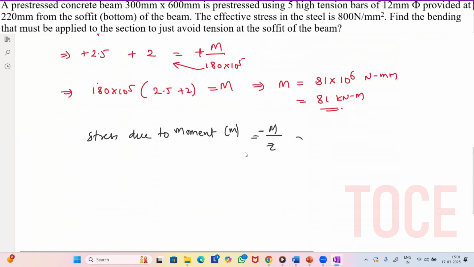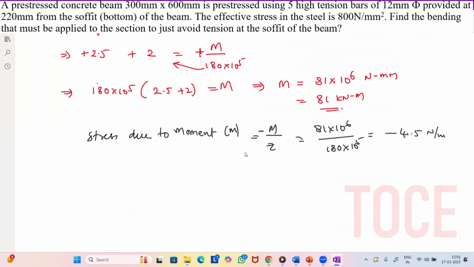So it is 81 into 10 to the power of 6 divided by 180 into 10 to the power of 5. We'll get around minus 4.5 Newton per mm square.